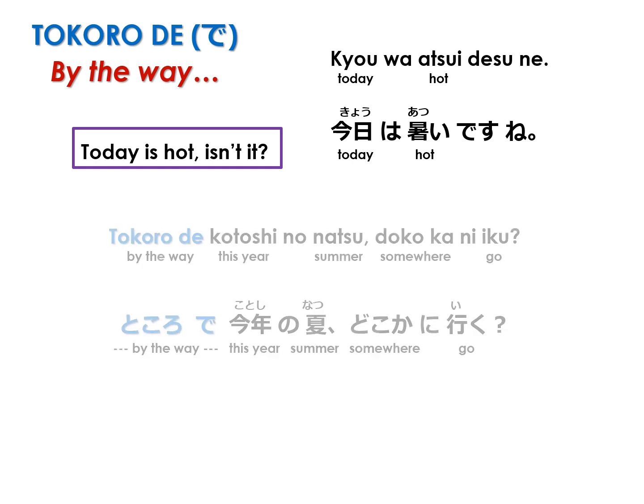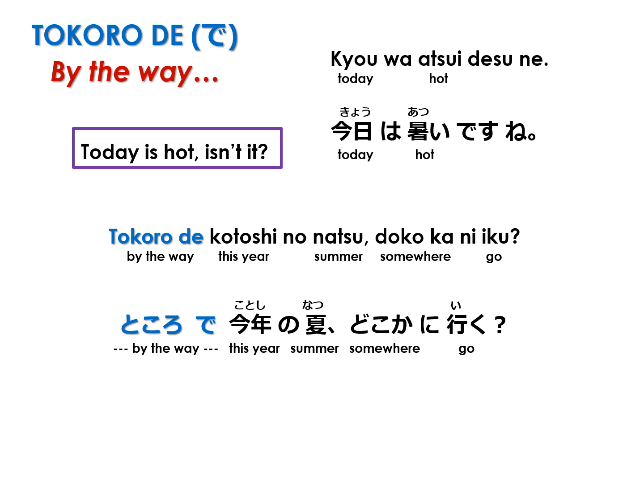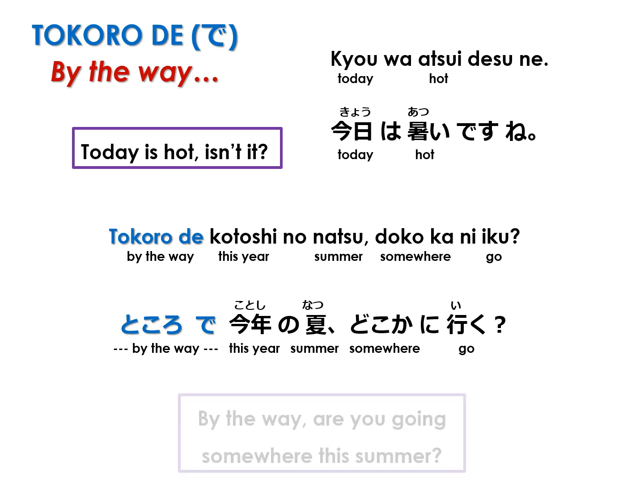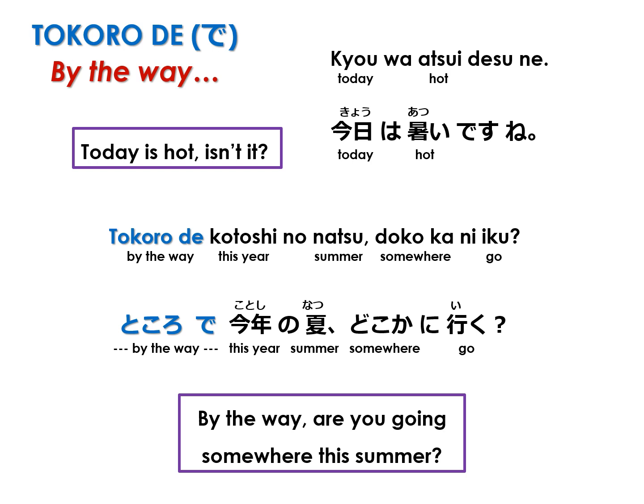Then the speaker says, ところで今年の夏どこかに行く? By the way, are you going somewhere this summer? So the ところで breaks the listener's line of thought, gently easing the listener into the new topic, going somewhere for the summer.